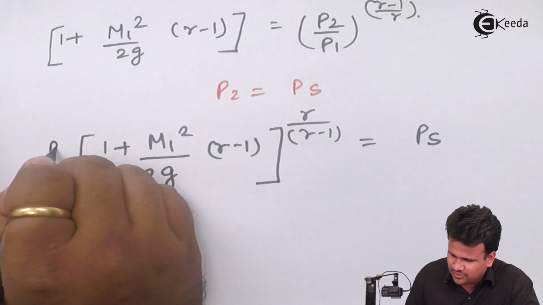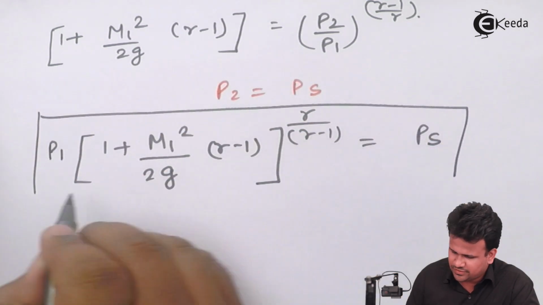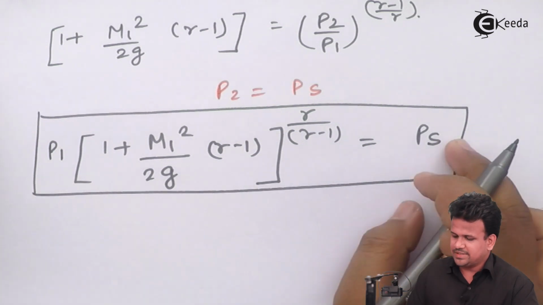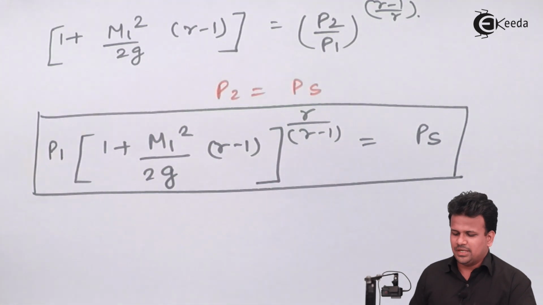We can multiply the pressure on the other side. So we have the equation of stagnation pressure, P stagnation, in terms of Mach number and initial pressure.